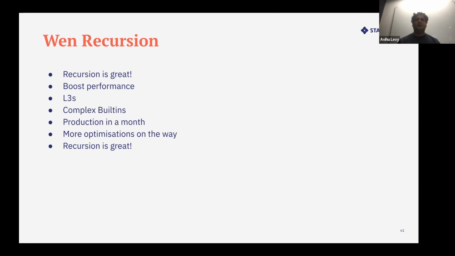It helps creating layer 3s with a recursive verifier or the Cairo verifier. It enables us to add built-ins faster and with less complexity. It goes into production in 2 weeks' time. And there are many more optimizations that we know of and that we're ready to apply when moving forward.